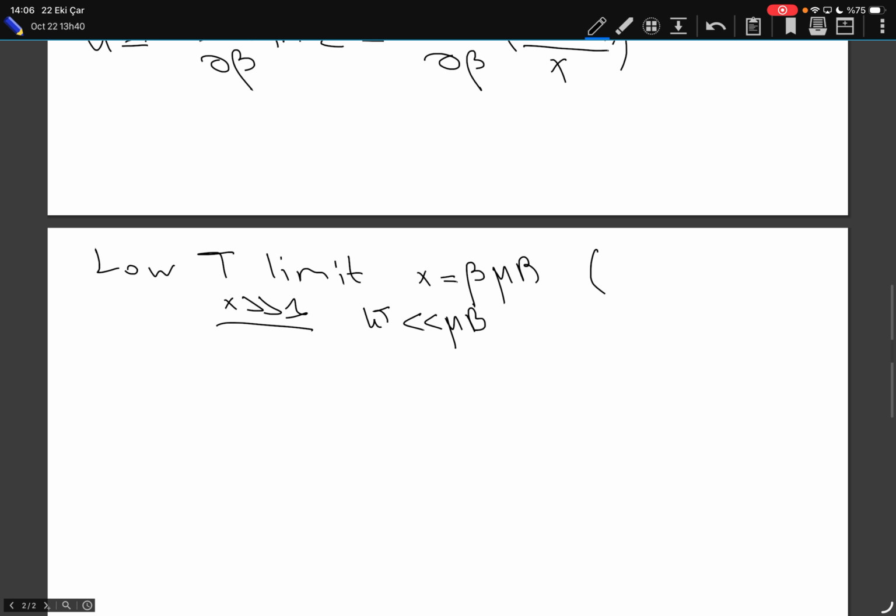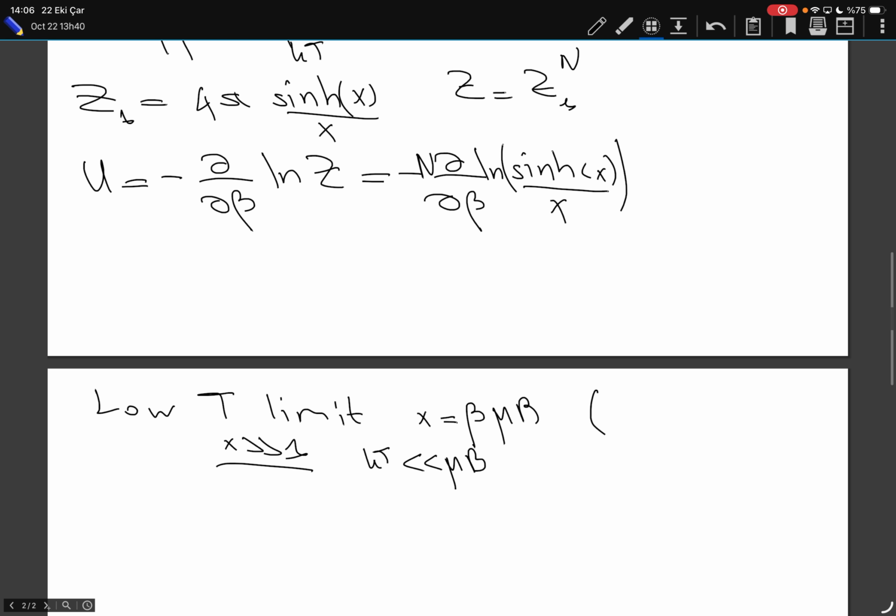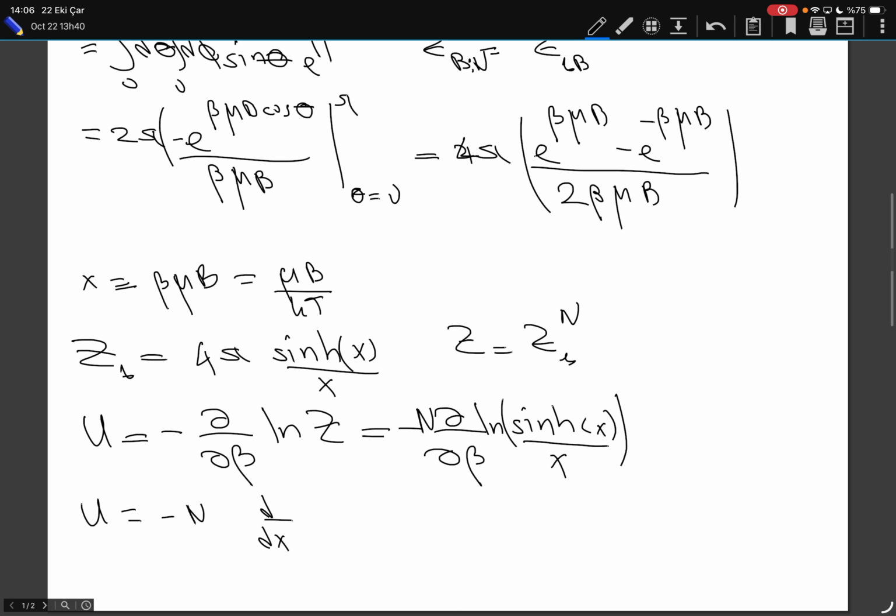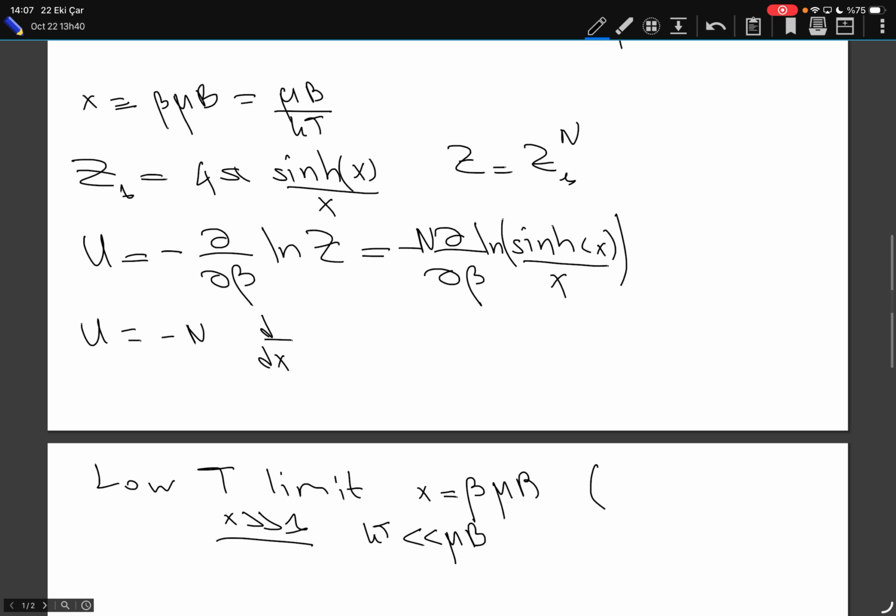Now I can look at various limits. So this will be minus n, derivative with respect to x. And remember, x is still mu beta over kt. If I take the derivative of x with respect to beta, it gives me a mu b of logarithm of sine hyperbolic x minus logarithm of x.